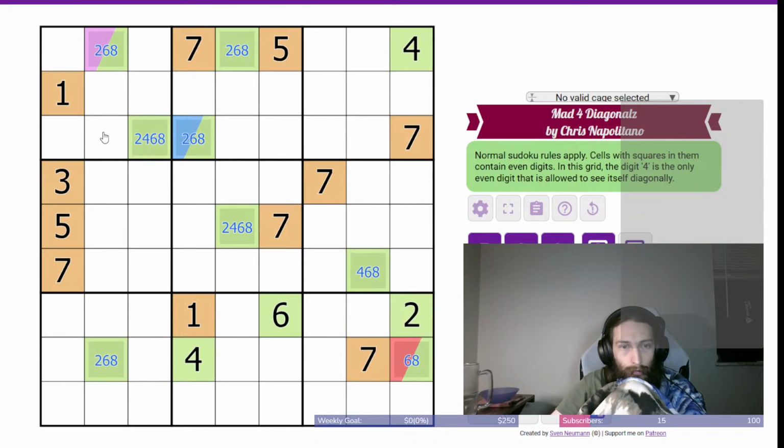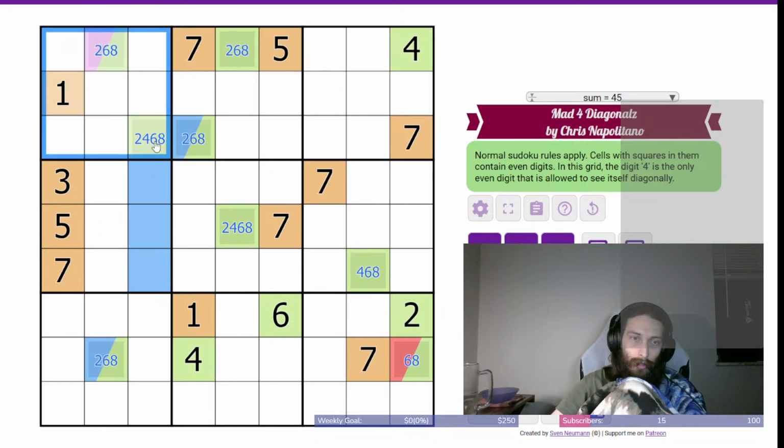Then this one was also blue because it sees red and purple. So blue ends up there.